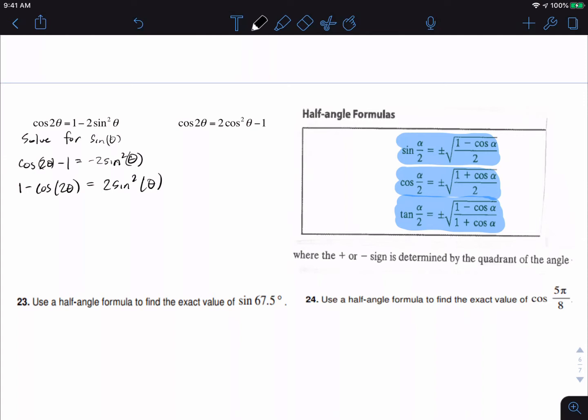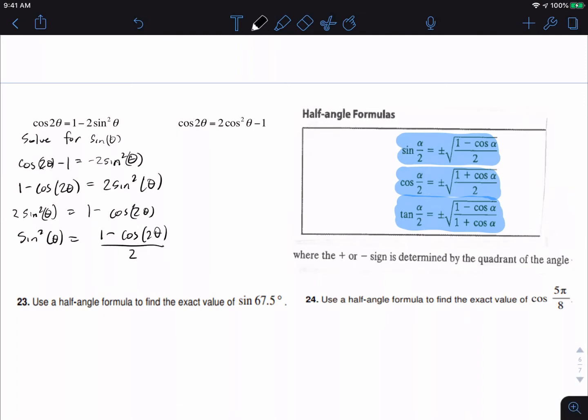Now, I want to solve for sine theta, so I'm going to put that on the left-hand side. I'm just going to switch my equal signs. So 2 sine squared theta is equal to 1 minus cosine 2 theta. Then I'm going to divide by the 2, and I get 1 minus cosine of 2 theta all over 2.